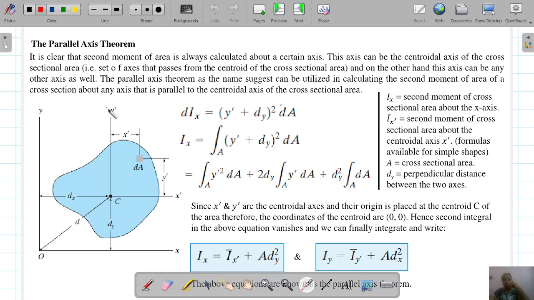We already know the second moment of area about the y dash axis, and we wanted to calculate about this. So the perpendicular distance between these two parallel axes, from here to here, is dx, and on the other, when calculating Ix, it is termed dy. This is very important. dy is the perpendicular distance between the two respective axes under consideration.